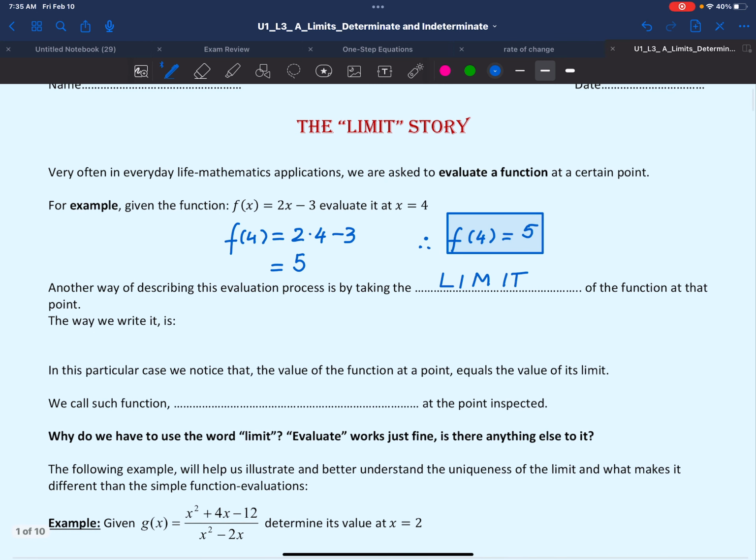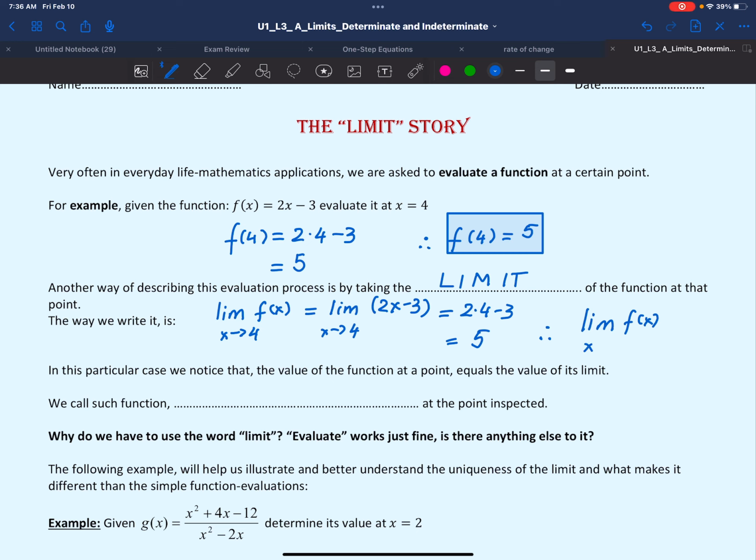And the way we write this is the limit of the function f of x as x approaches 4, which we can also write as limit as x approaches 4 of 2x minus 3, that's the equation of the function itself, equals 2 times 4 minus 3, which is 5. Therefore, we're going to say that the limit of the function f of x as x approaches 4 equals 5.